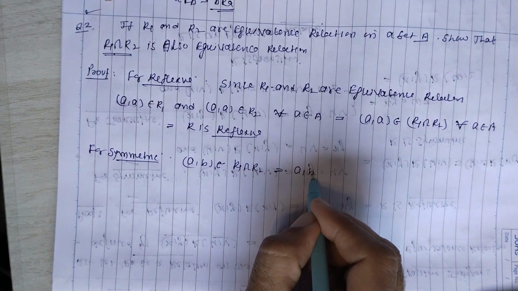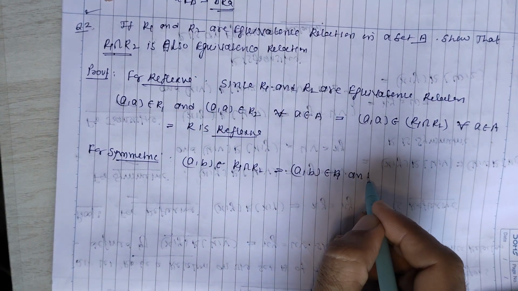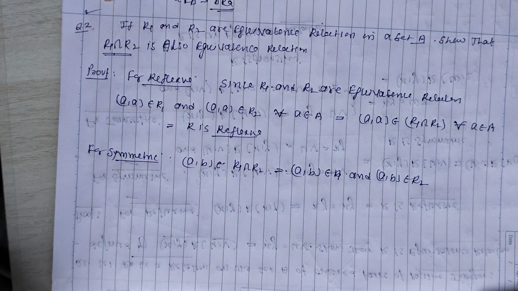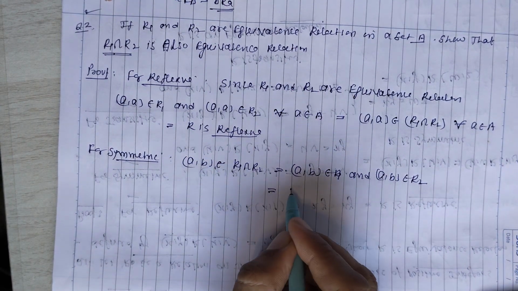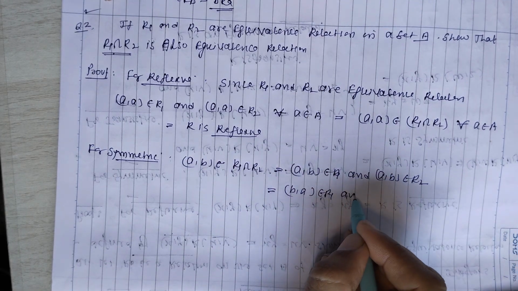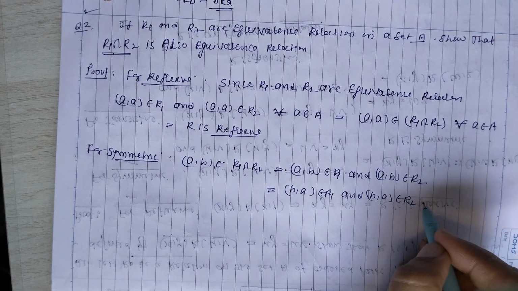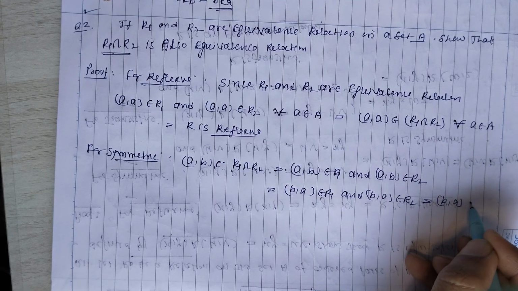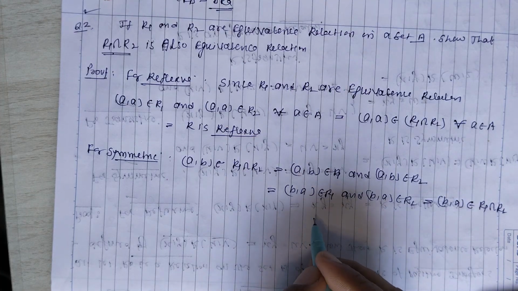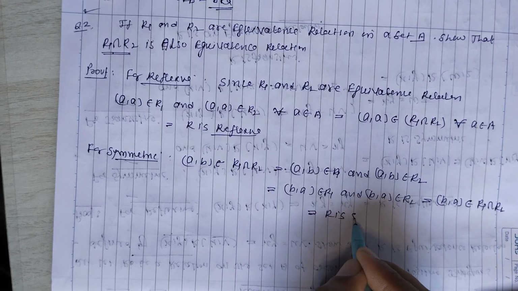It means (a, b) belongs to R1 and (a, b) belongs to R2. So which implies that (b, a) belongs to R1 and (b, a) belongs to R2. It means (b, a) belongs to R1 intersection R2, which implies that R is symmetric.